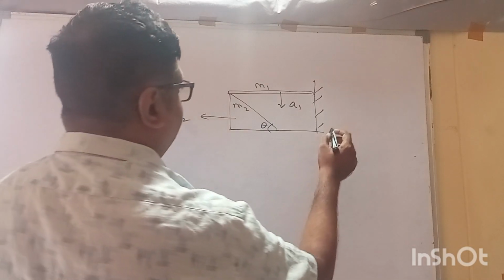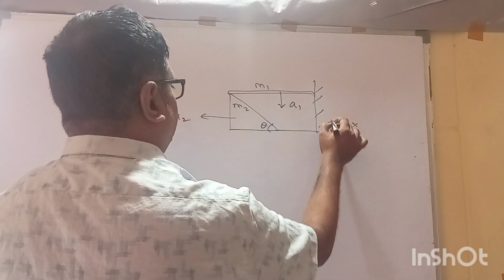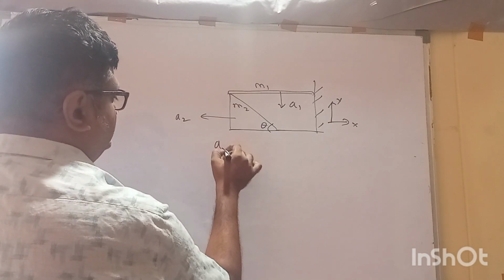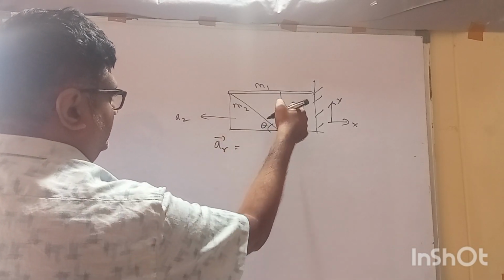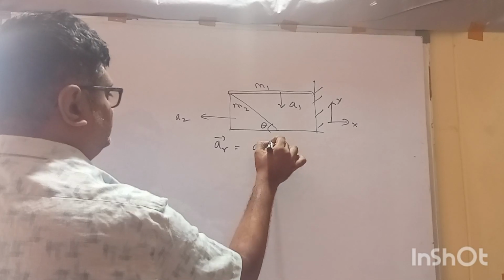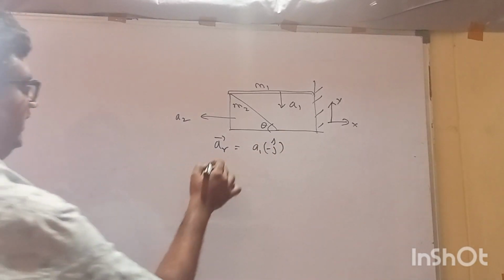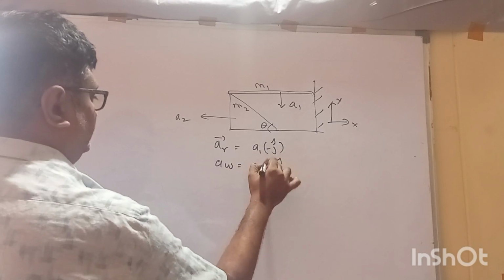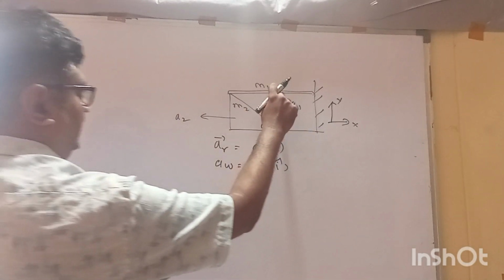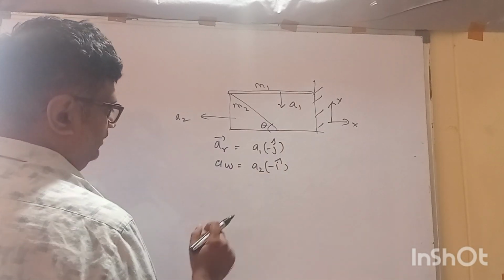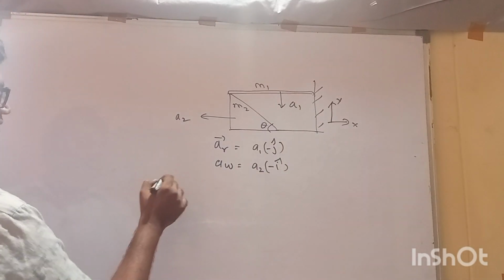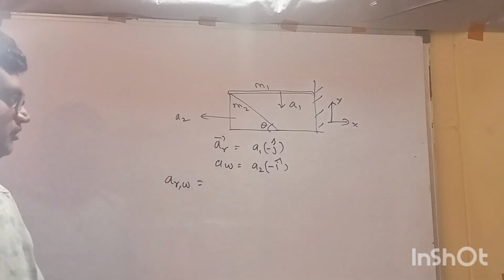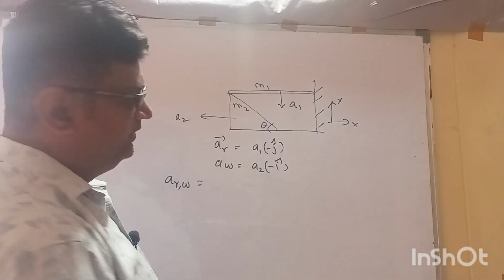The sign convention I am following is, this is x and this is y. So I can say the acceleration of the rod is a1 minus j cap. The acceleration of the wedge is a2 minus i cap, because it is in this direction, and the rod is in the downward direction. So here what we have to do is find the acceleration of the rod with respect to the wedge, because there is a relative motion happening here.